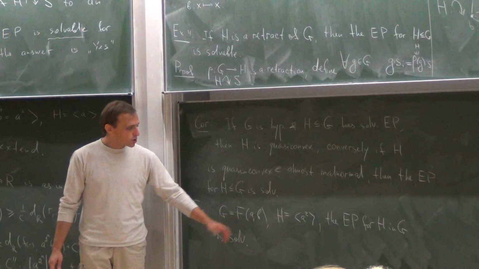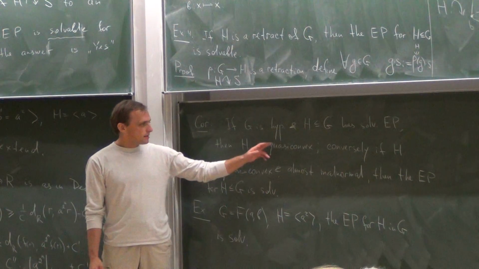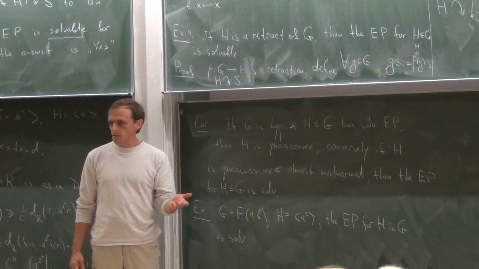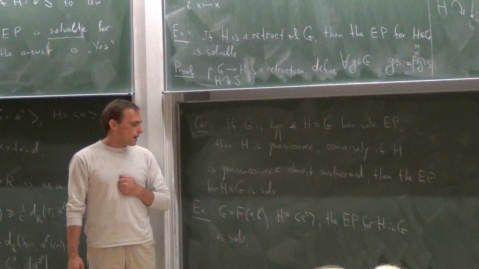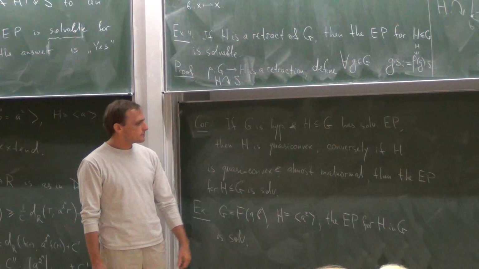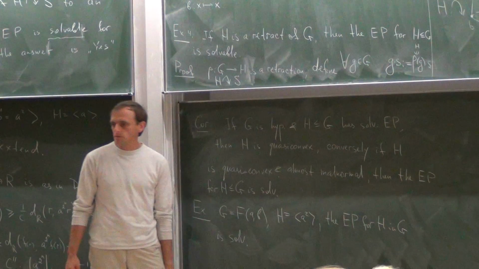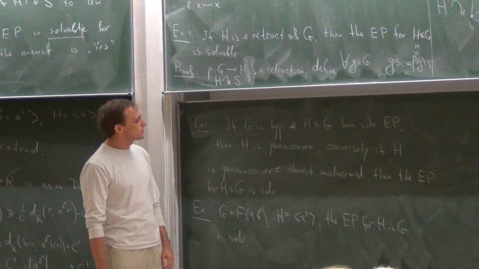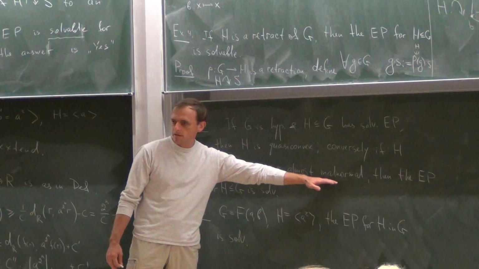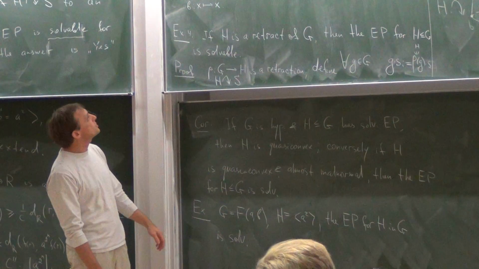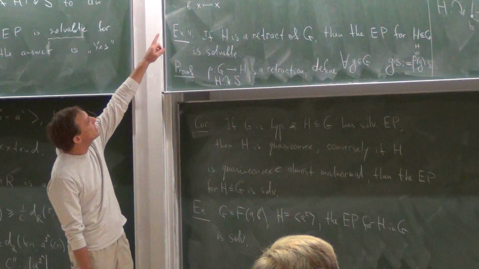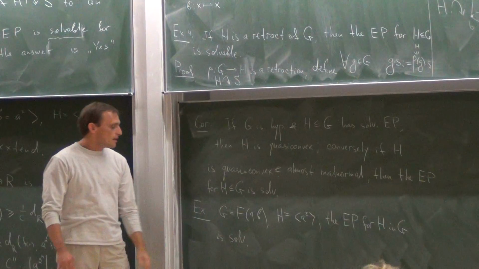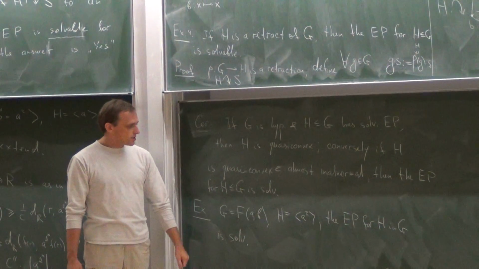So this example shows that neither of the two conditions is necessary and sufficient. Because here, at least being malnormal is not necessary. And being quasi-convex is not sufficient because of example number 3, in which case the subgroup is quasi-convex, but the extension doesn't exist.